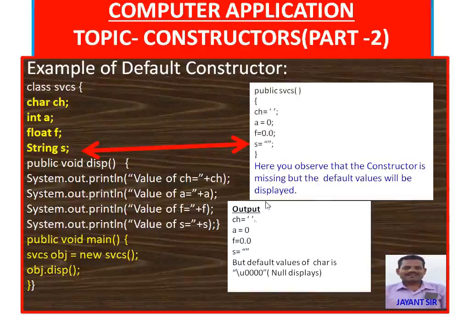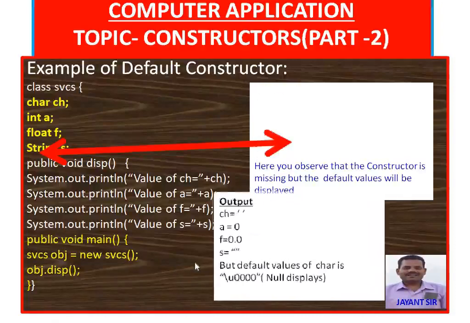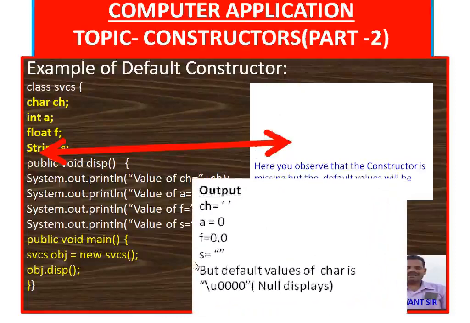After executing this program, you get the output: ch equal to the default value, a equal to 0, f equal to 0.0, s equal to null. The default value of the character is this one, but it displays null. Did you understand, children, what I told here?